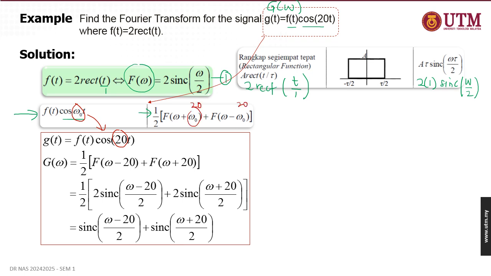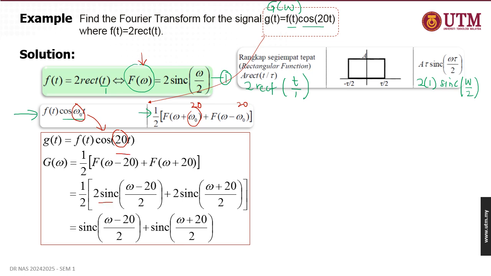So G(omega) equals this, in which omega naught equals positive 20. The equation is 1 over 2 times F(omega minus 20) plus F(omega plus 20). So what is F(omega)? F(omega) is from the first equation, so replace F(omega) into G(omega) to get the final answer. In this case, F(omega) equals a sinc function of omega over 2.